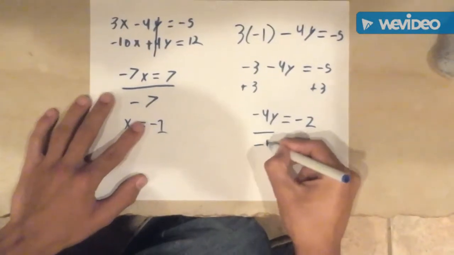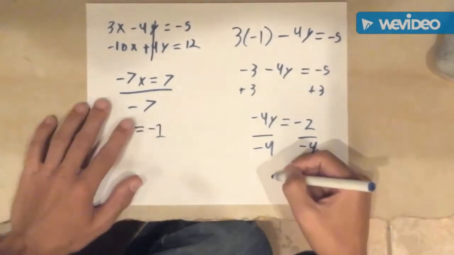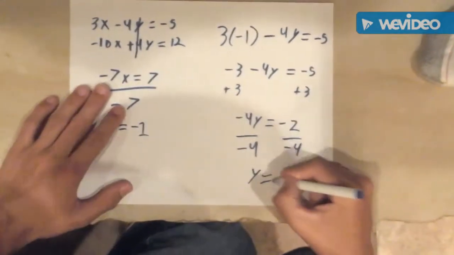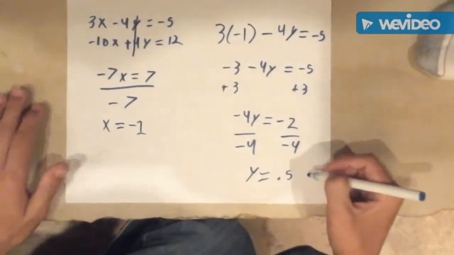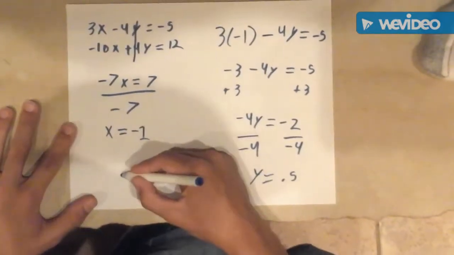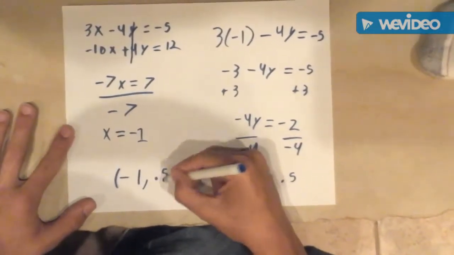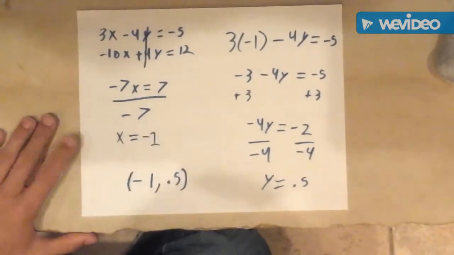Divide by negative 4, and we get y equals 0.5. Finally, put it into coordinate form. So, negative 1, comma, 0.5. Now over to Braden for another problem.